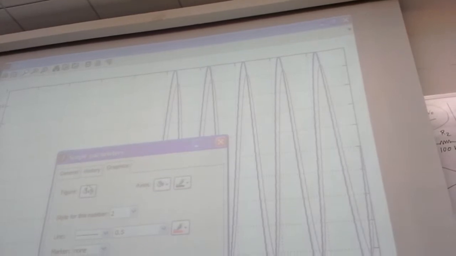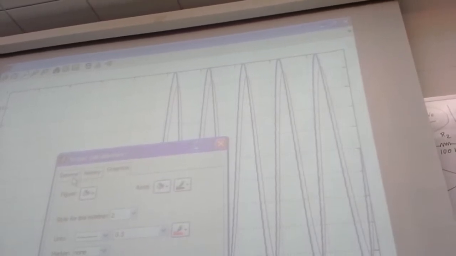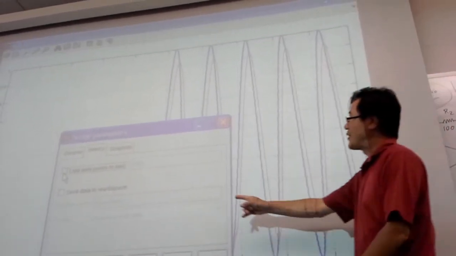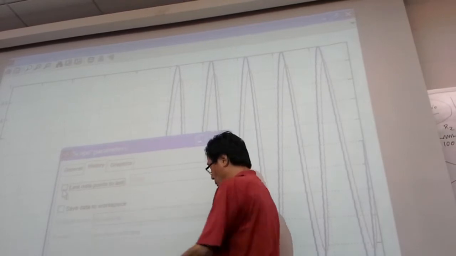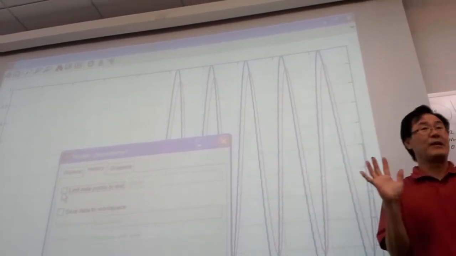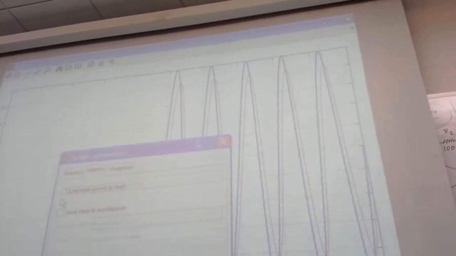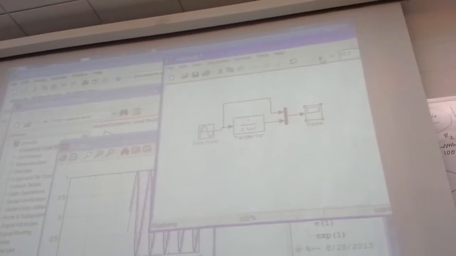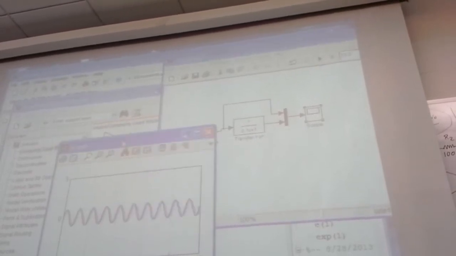The number of sample points is too many, so I'm going to have no limit. It restricts up to 5,000 because I have 0.01, so it only shows 5,000 samples, 5 seconds, right? If you remove this one, then it will show everything. So now I go here, and you can see that.